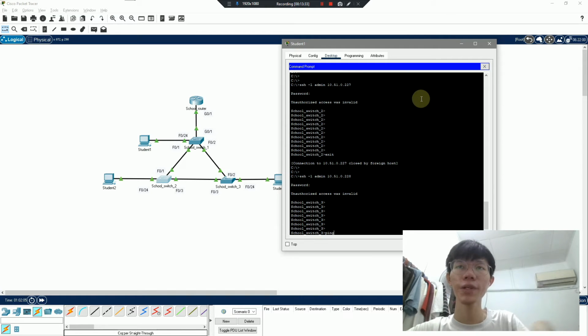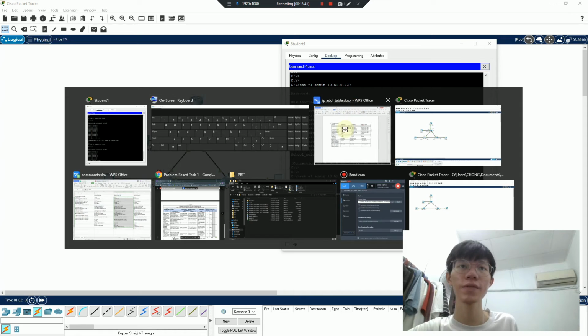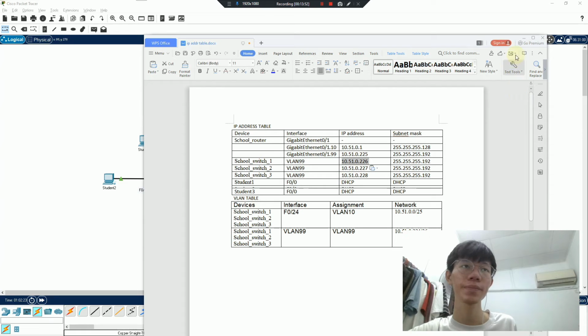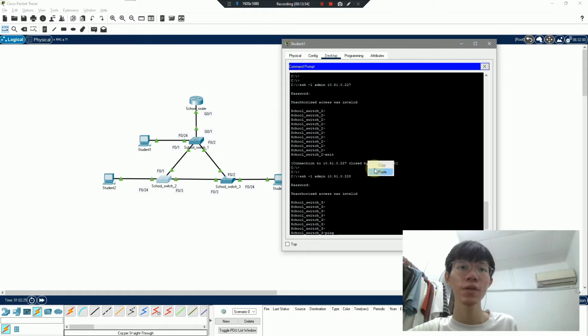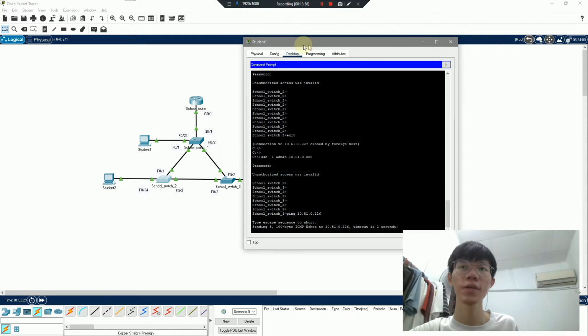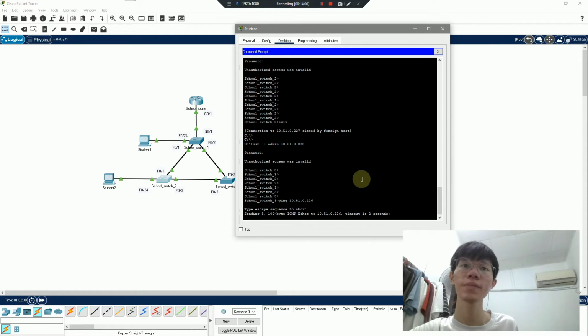I will try to ping from the PC1, the student one, to the switch 1. So the switch 1 SVI IP address is 10.51.226. So I will ping from the PC student 1.